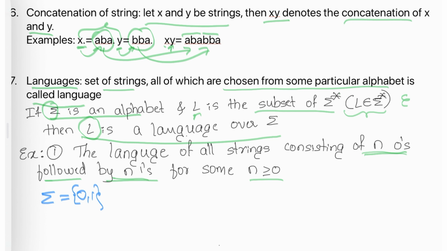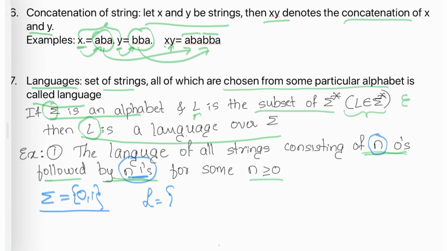So because of that our set will become summation equals 0, 1. Now what is L? So our language has a constraint, that is consisting of n number of zeros followed by n number of ones. So here after n number of zeros only n number of ones should follow.